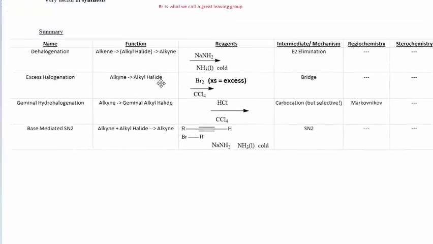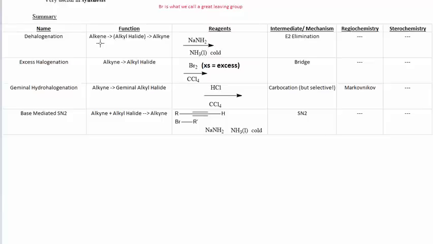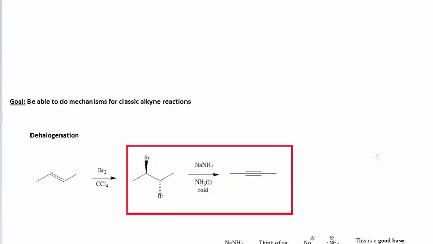Okay, let's take a moment to recap what we did. So these are the reactions we just looked at. Dehalogenation, the first one is when we had an alkene and we used halogenation to first create this species found here.